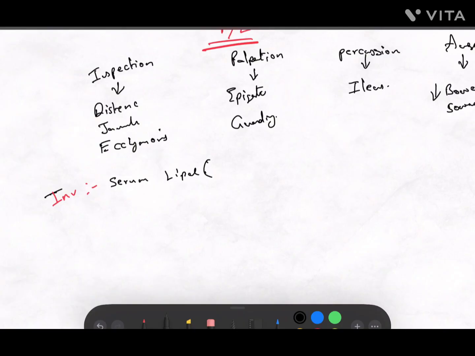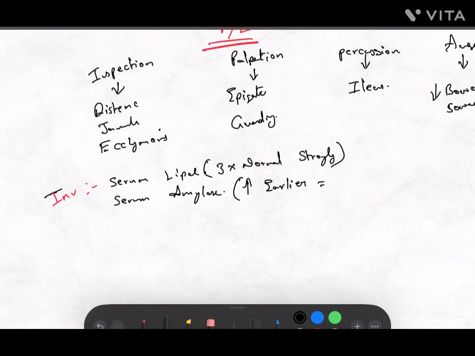Because for pancreatitis this is the best test, and if it is 3 times normal, it strongly suggests pancreatitis. Next we can check serum amylase. Serum amylase rises earlier in a pancreatitis patient, but it is not that sensitive, and it is less specific.